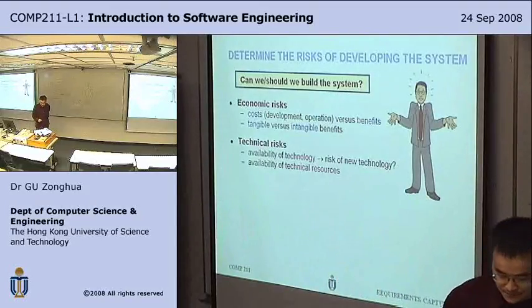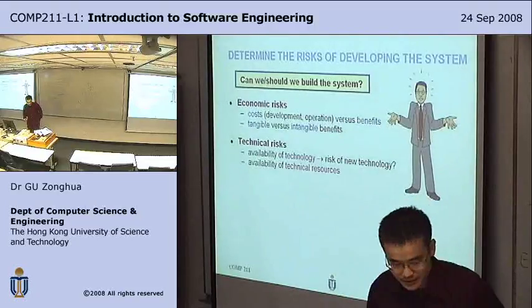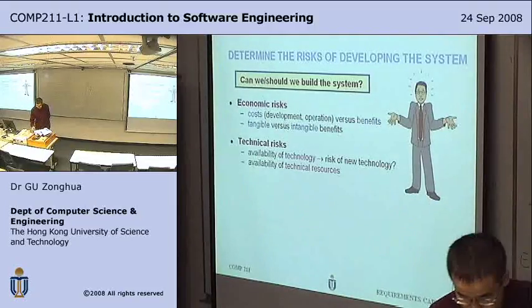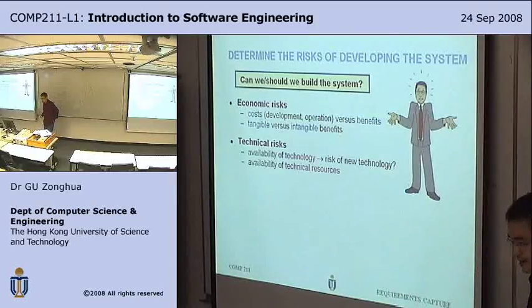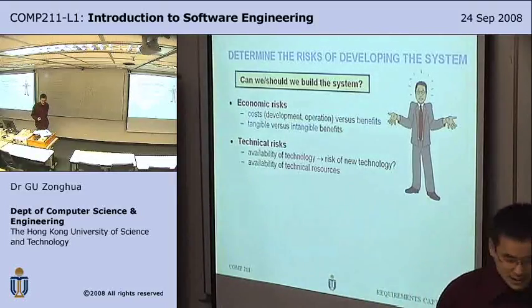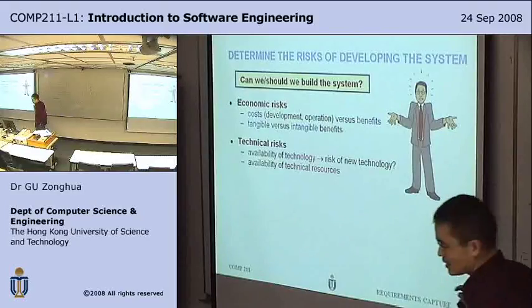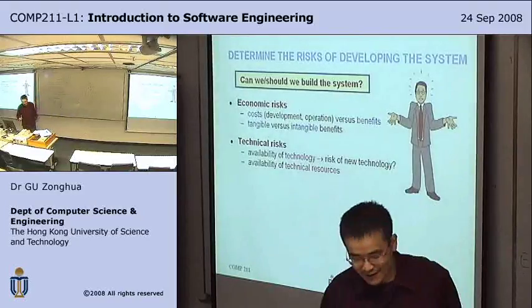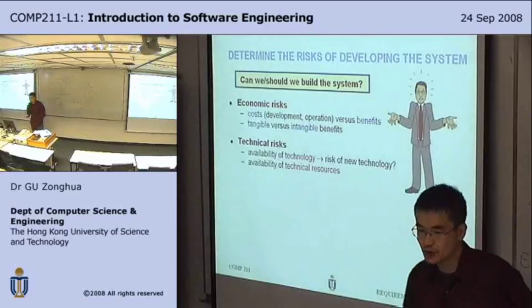Technical risks include availability of technology. That is, if you're using the newest, latest programming tools or operating systems, do they have bugs? Actually, in aircraft control systems, the microprocessors they use are typically more than 10 or 20 years old.